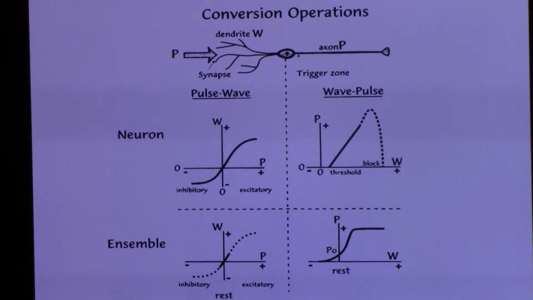There is going to be a wave activation, or a mean value for the signal that manifests as a wave, and then there's a trigger zone on the axon soma, called the axon hillock, I believe.